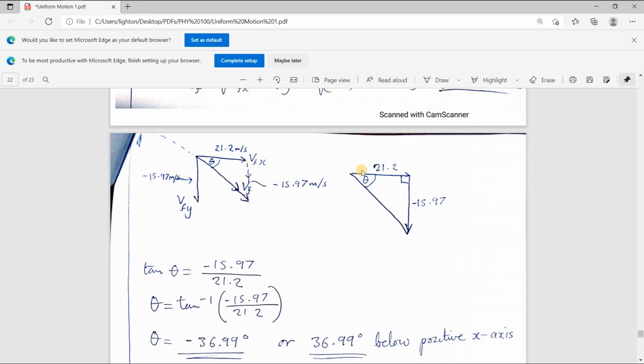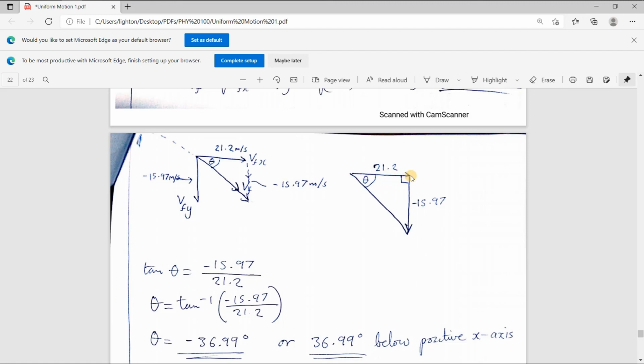So if we make a triangle out of these two vectors, we'll find that you have this vector pointing to the right, which is the same 21.2, and another vector pointing down, which is minus 15.97 meters per second.